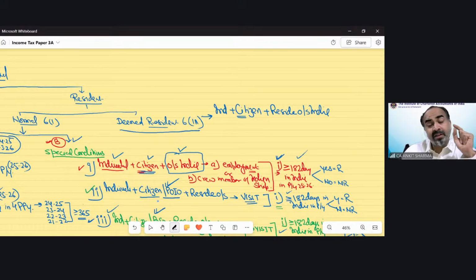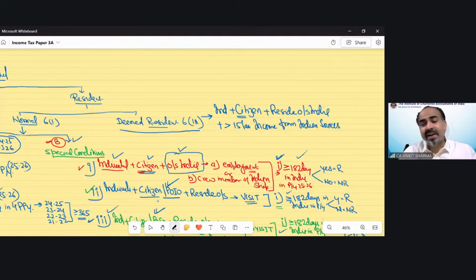In category B point number 3, POIO is also included. But in the case of deemed resident, only a citizen can be a deemed resident. So if you are an individual, a citizen of India, you reside outside India, and you have more than 15 lakh rupees income from Indian sources.